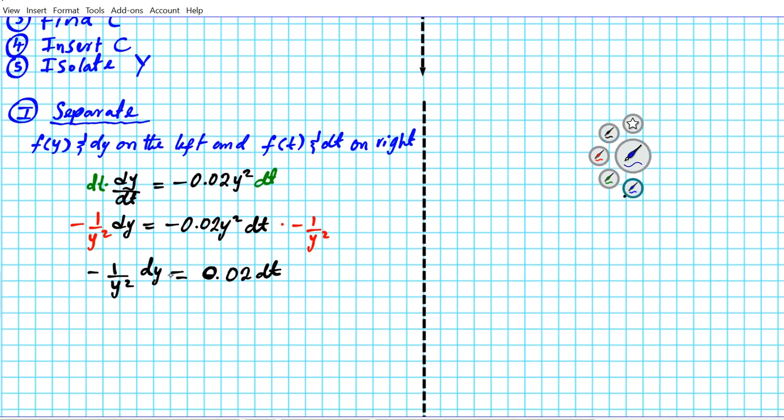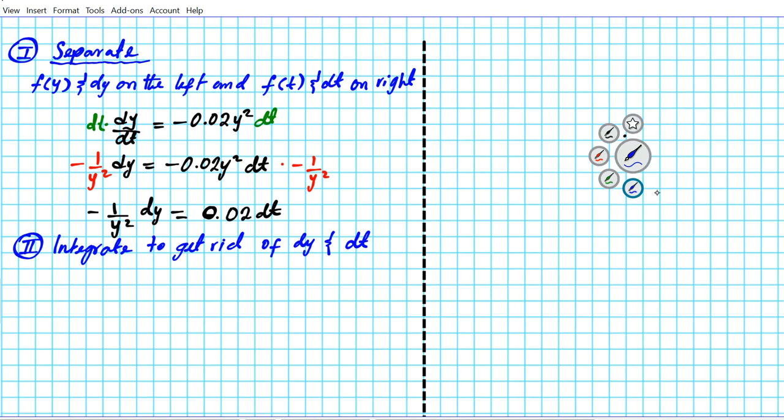Part 2 in this process is to integrate both sides. Okay, so we're going to integrate. When we integrate, guess what? We're going to get rid of the dy and dt. Okay, so let's do it.